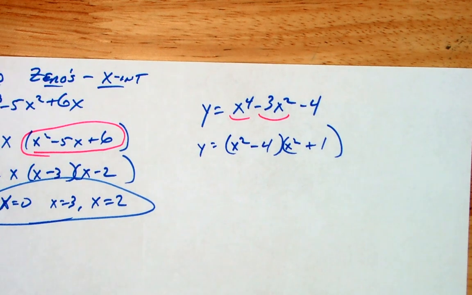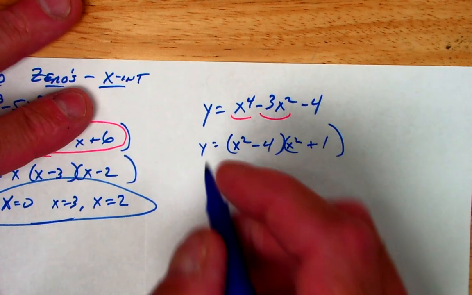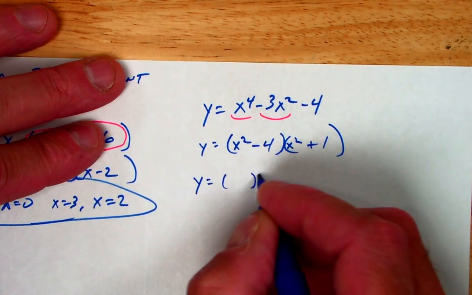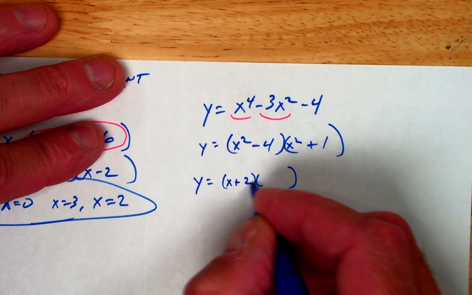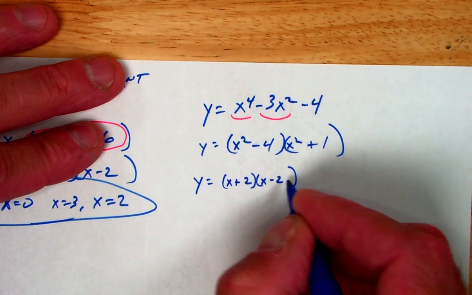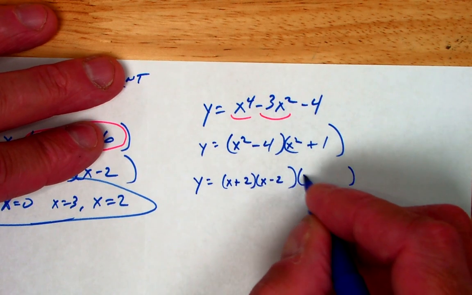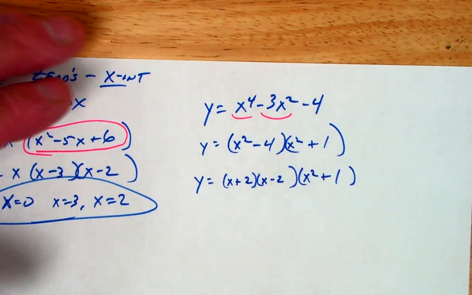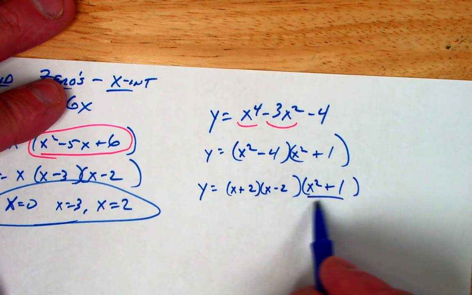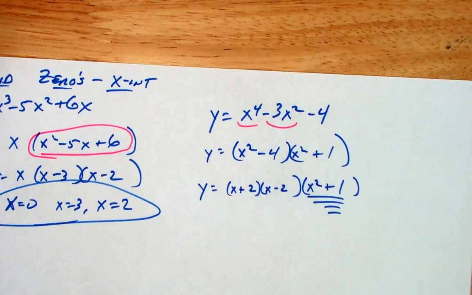Can we factor this any further? Yeah, x is plus or minus 2, or x is plus or minus 1, I think. Isn't it? I can't factor that. So there's no solution from this part.